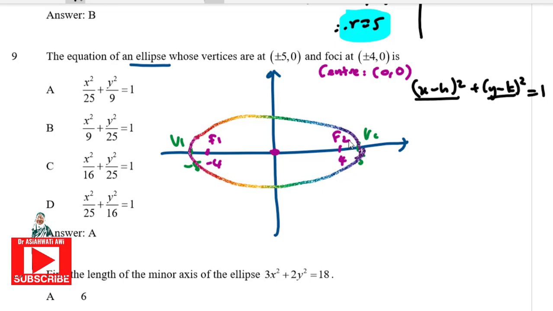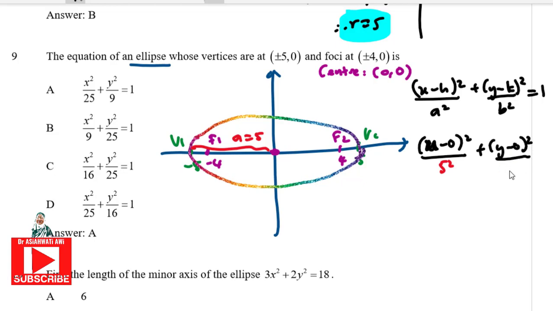Because it is horizontal, a is below x: x minus 0 over a. The distance from center to vertex is a, so a is equal to 5. Then plus y minus 0 squared over b squared, and we are going to find b, equal to 1.